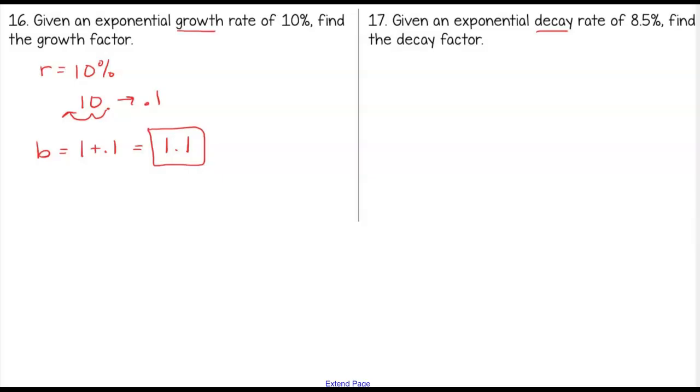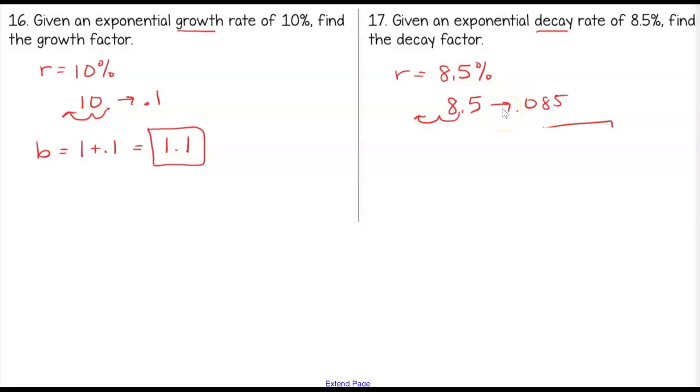So we know that the rate is 8.5%. We want to convert it to a decimal. So when you convert it to a decimal, what would it look like? You should move the decimal 2 places, and that's going to get you 0.085. If you want to put that 0 in front, you can.